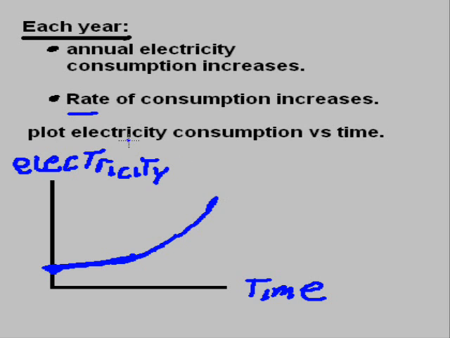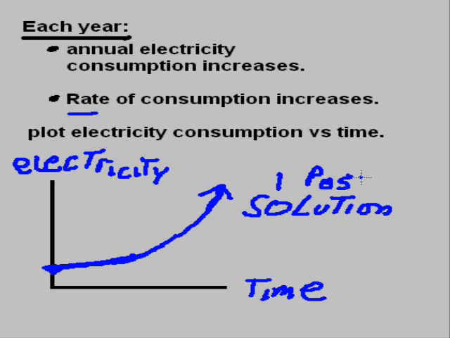This is the rate at which it's going up. So every time the rate increases, it becomes sharper in its turn upwards. And this would be one possible solution to this problem.